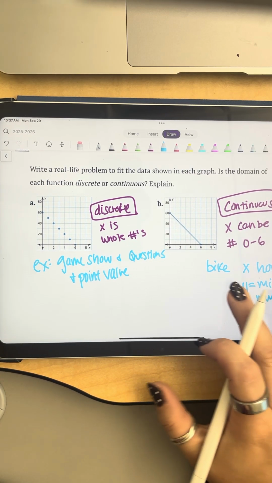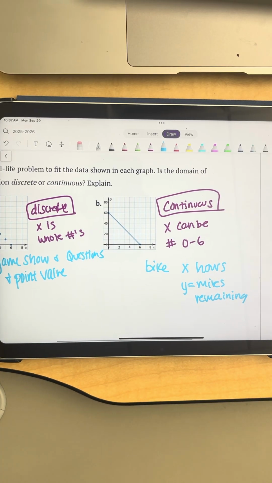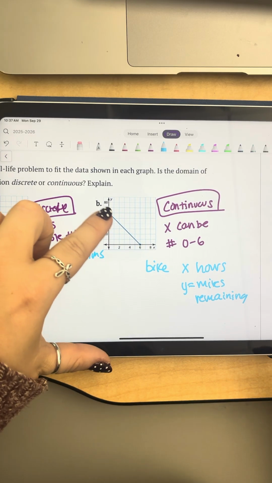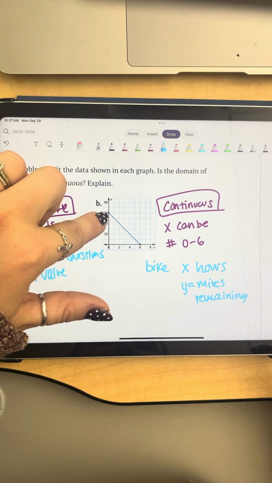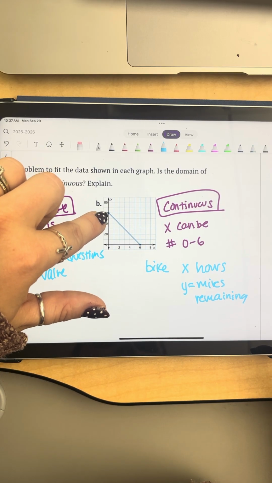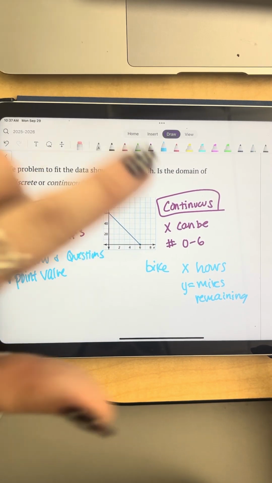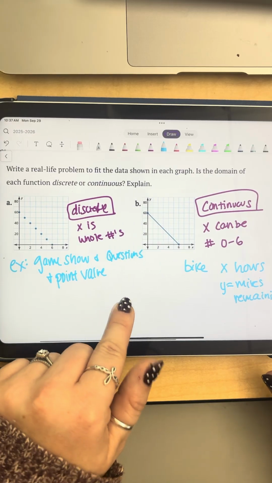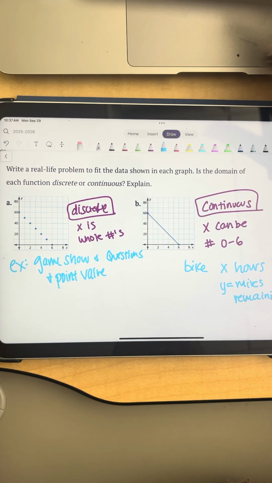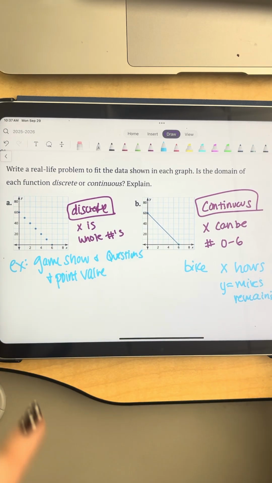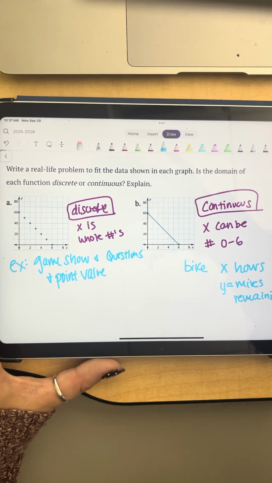Okay, so if I've got X hours and Y miles remaining, I can obviously bike for 1.5 hours, and then I've got miles remaining. It is going down in this case, so obviously it wouldn't be going up. Like if I started at 60 miles at 0 hours, and then at the first hour it goes down to 50, and then it keeps going down by that. I can include everything in it, so that would be a good example of that. That's not the only example, but just so you can kind of get a picture for what that looks like. Okay, and that's it for today.